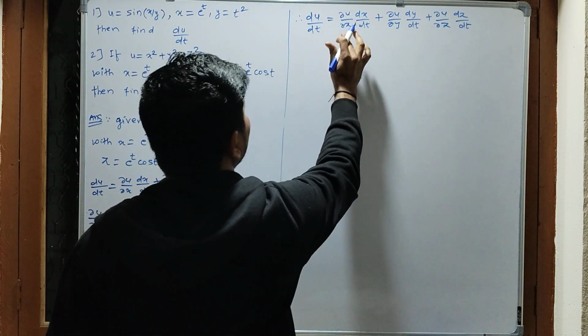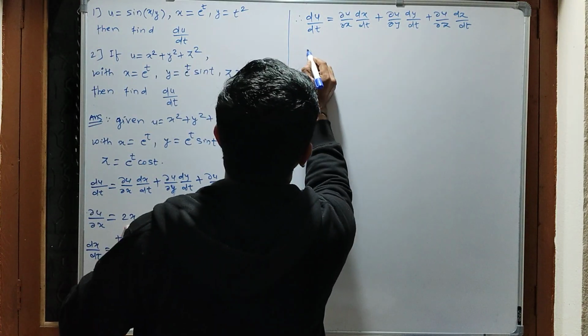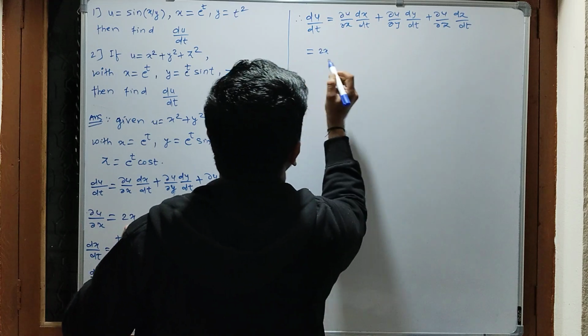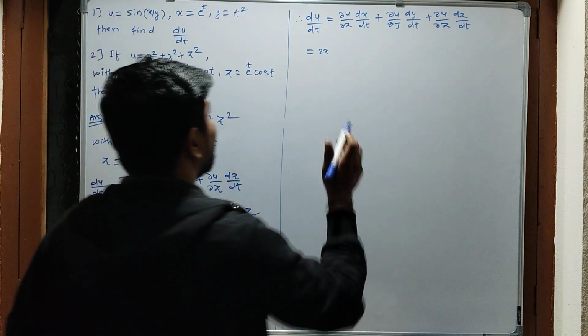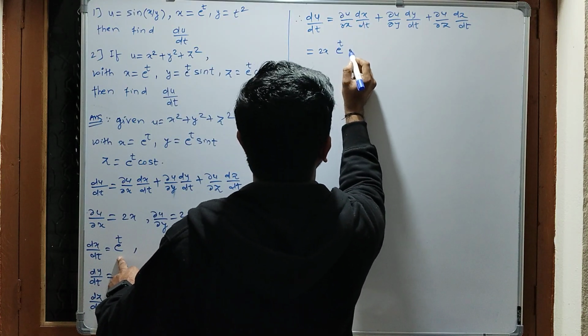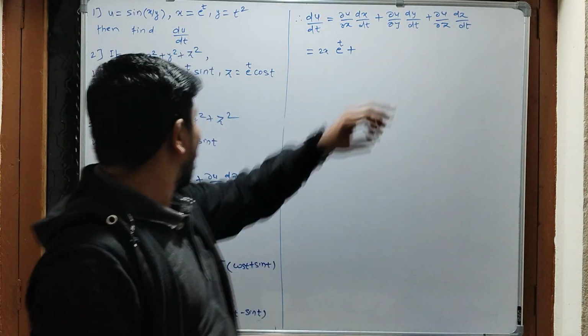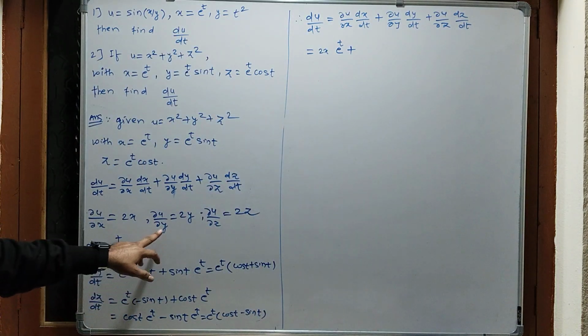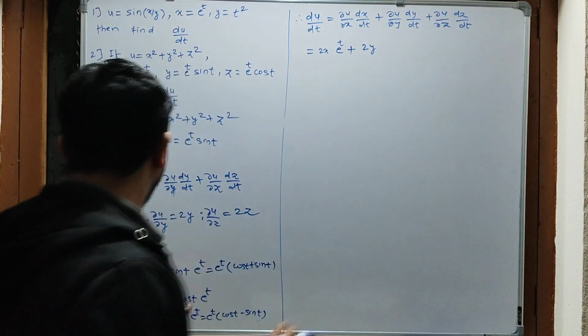Now tell me, dou u by dou x is 2x, so which is equal to 2x into dx by dt. So here this is e to the power t plus, this is dou u by dou y. So dou u by dou y means 2y times dy by dt.